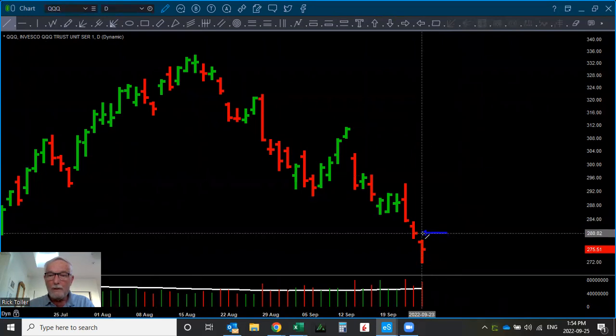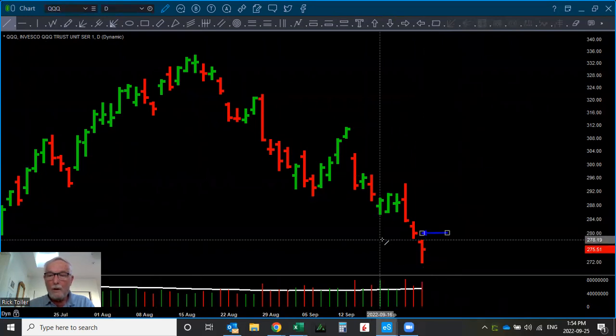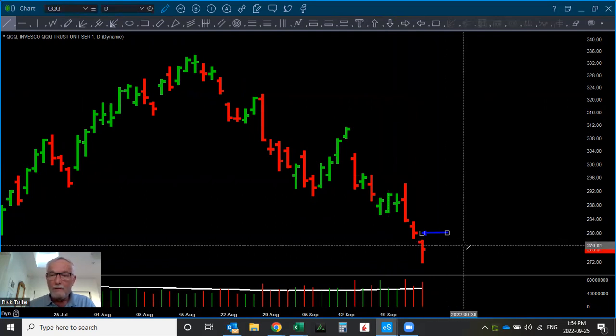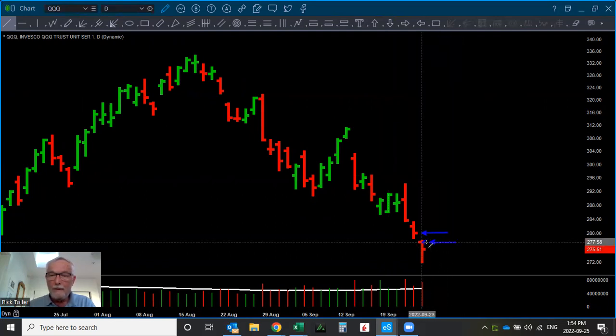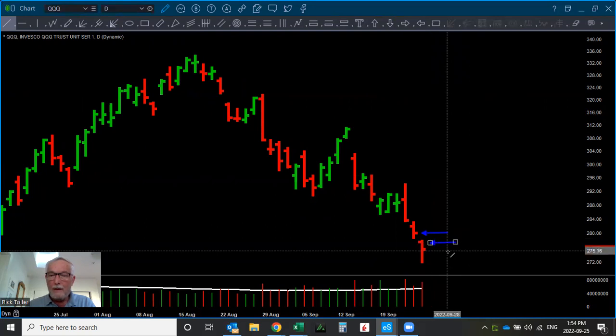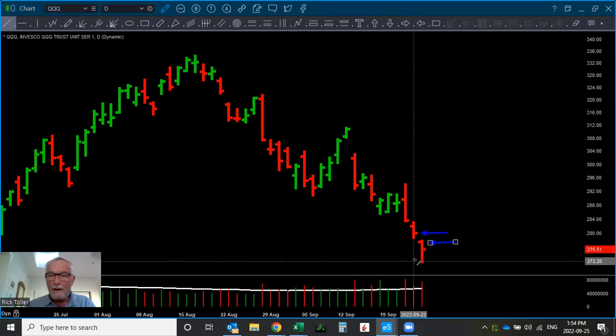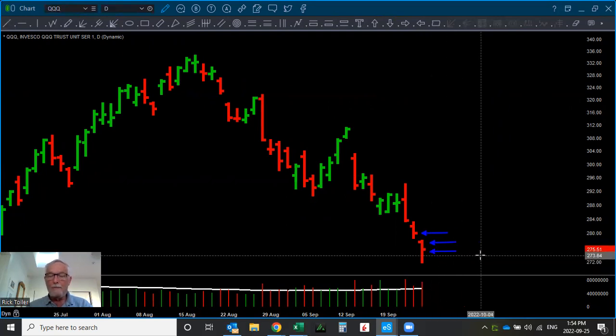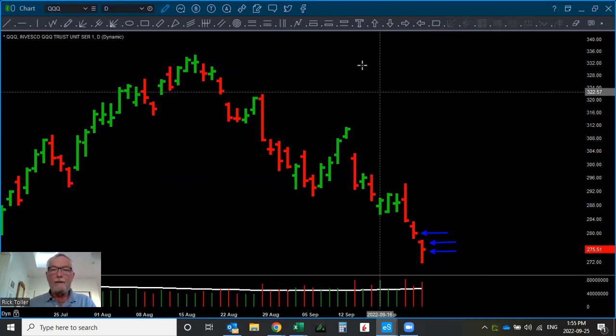That's where we closed. We opened below that Friday morning, we opened here, and we traded all the way down to here and then closed about two-thirds of the way up. What is interesting is it can get there in a variety of different ways.